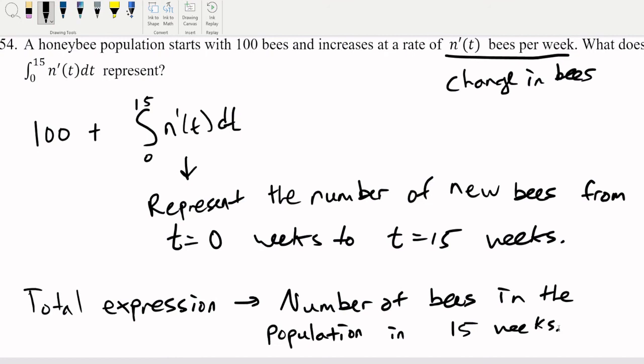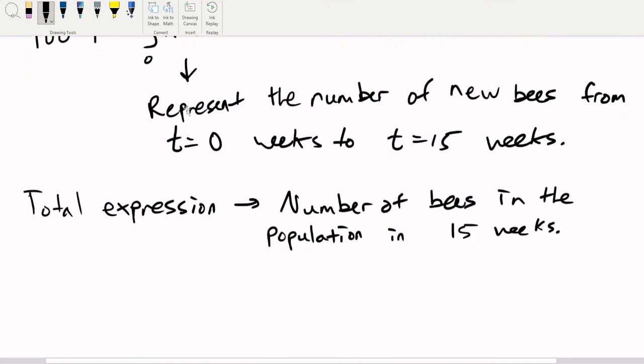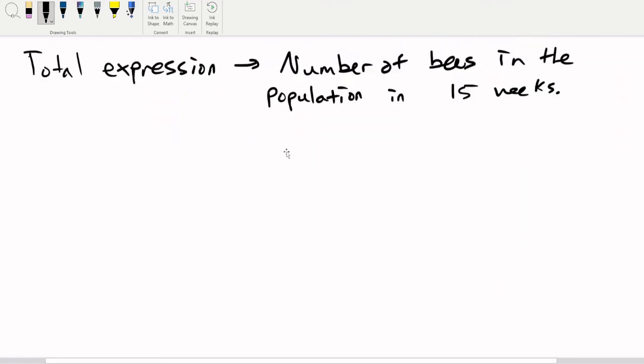And the original 100 is just the original 100 I had. So it's the original 100 I have plus I've added up the change in bees over the 15 weeks to figure out how many new bees I have. So this is the original bees plus all the new bees I'm going to get. So the whole thing represents the total number of bees. There you go. And that was the last one.